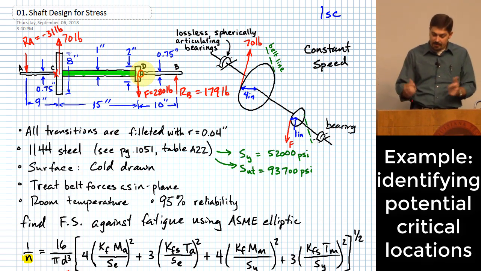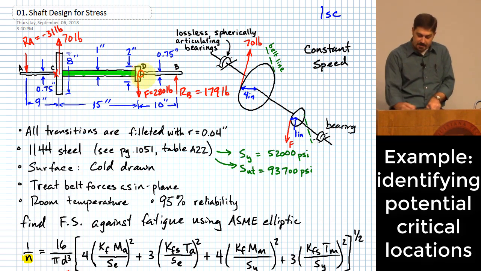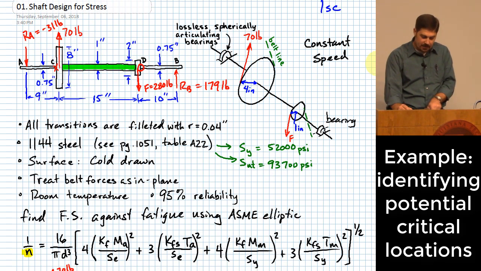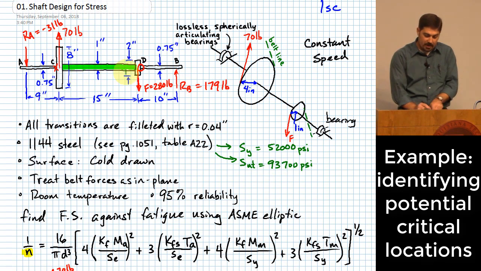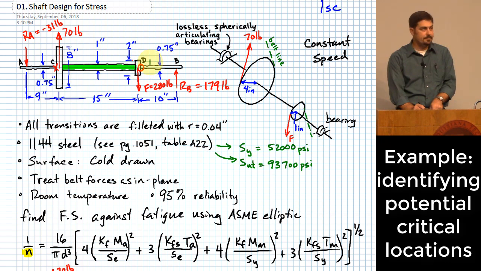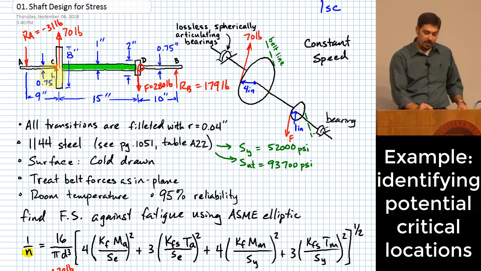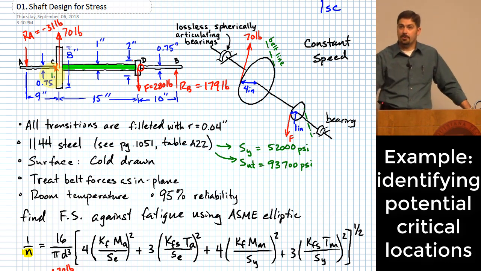So that again provides us a justification and some faith that we can say point D will always have a worse problem before point C does for this particular problem, right? Everyone agree with that? It allows us to eliminate one location that we would have had to evaluate as a potential critical location.